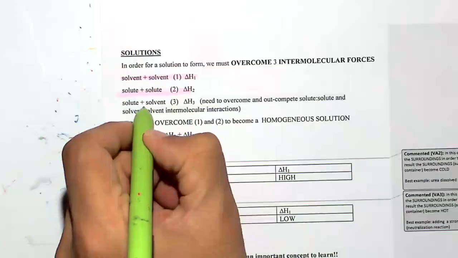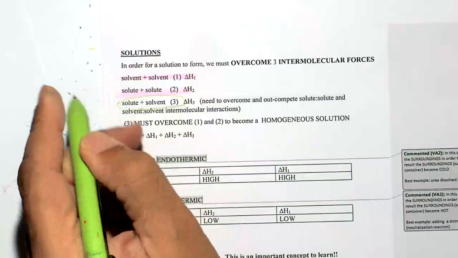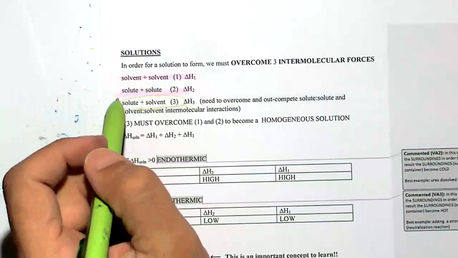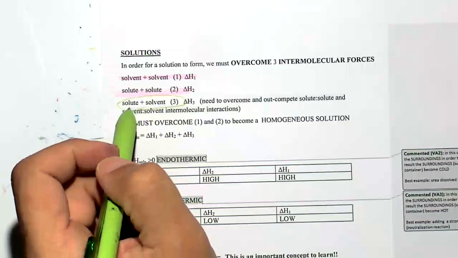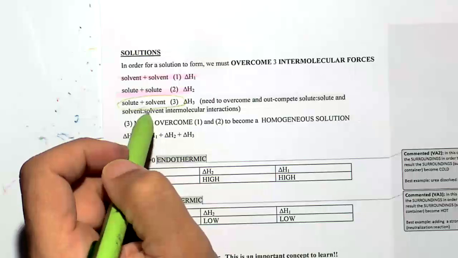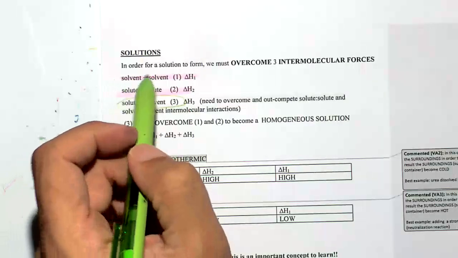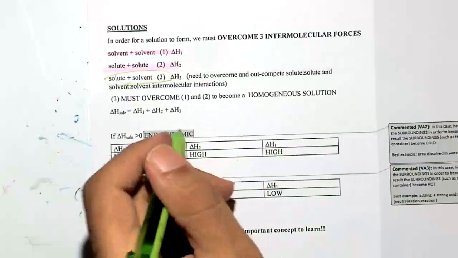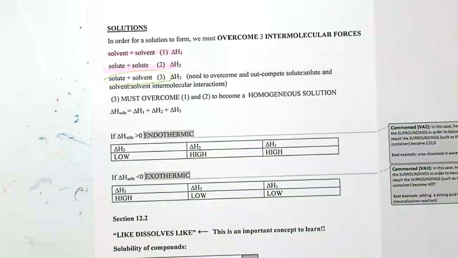That has to overcome delta H1 and delta H2. This is not something I'm really emphasizing, but just realize solute-solvent IMF has to really overpower solute-solute and solvent-solvent. In some cases, to make that happen, you have to add heat.